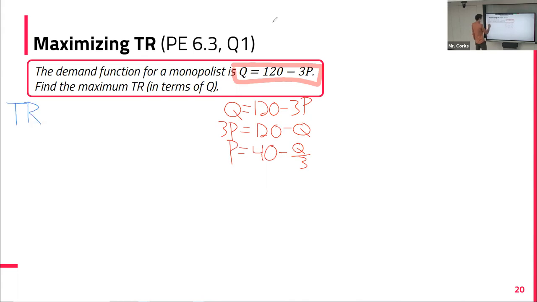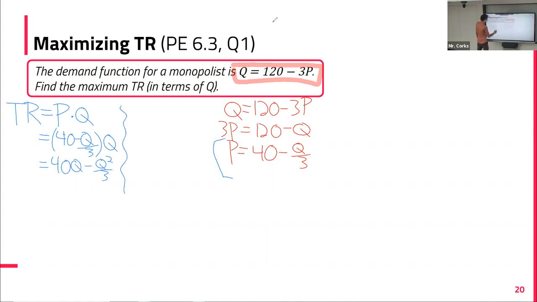So total revenue is P times Q, and we could do it the way we had before using this thing. So 40 minus Q over 3 times Q, so 40Q minus Q squared over 3. Or we could have had this where we substitute in this Q value.